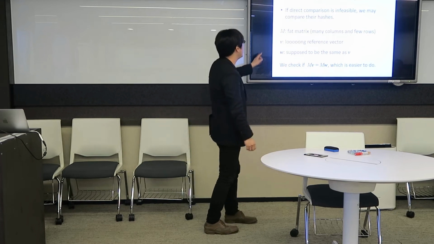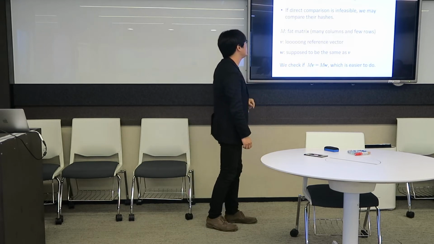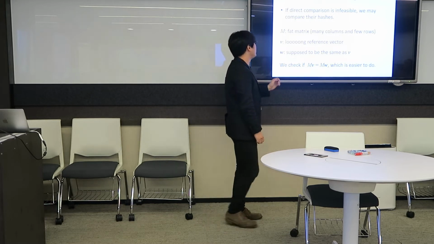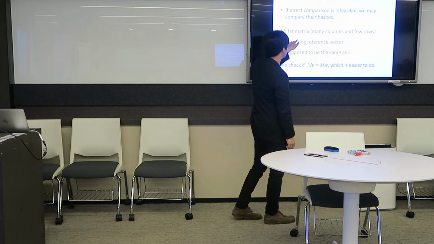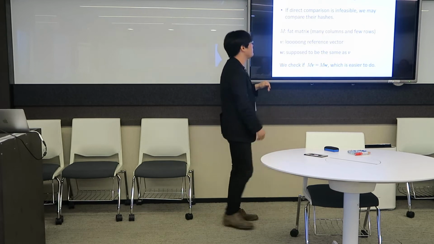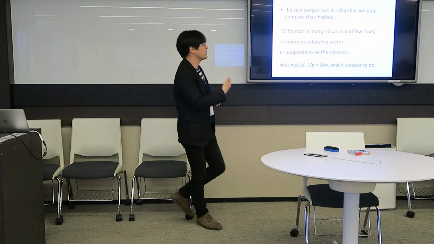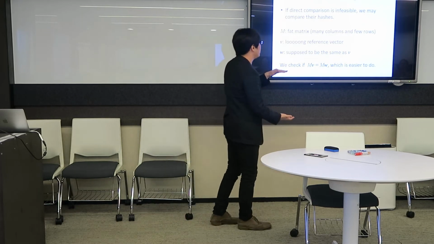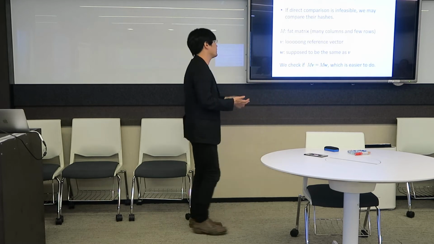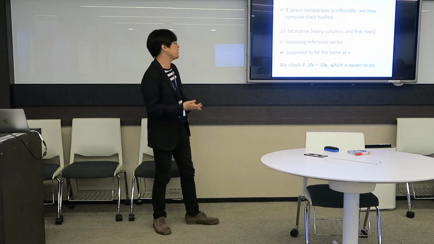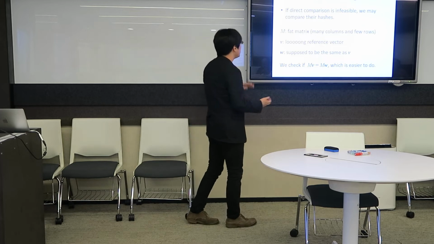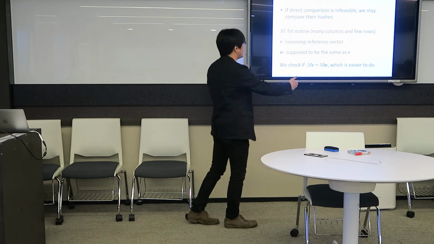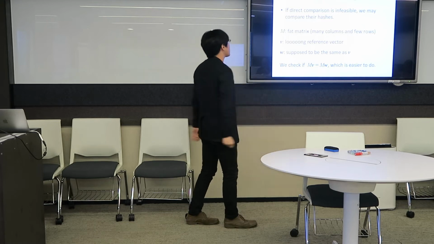So we have a binary matrix M, which we will use as an X code. M has to be a fat matrix, so you have many columns, maybe a million columns or more, but only a few rows, or it could be hundreds or so, depending on your applications in mind. But the important thing is that you have many more columns than rows.